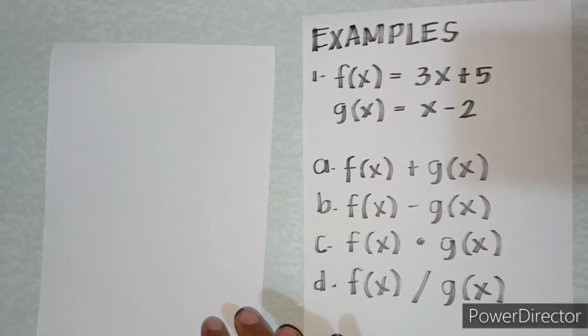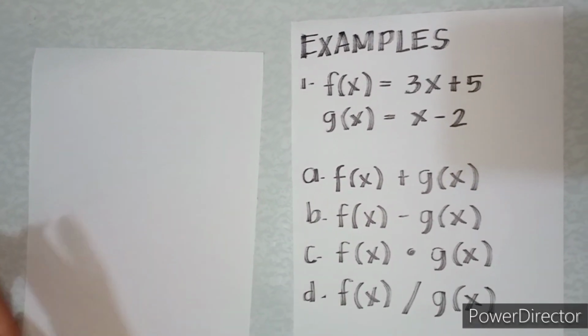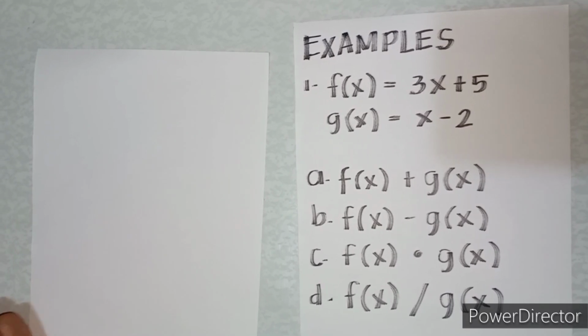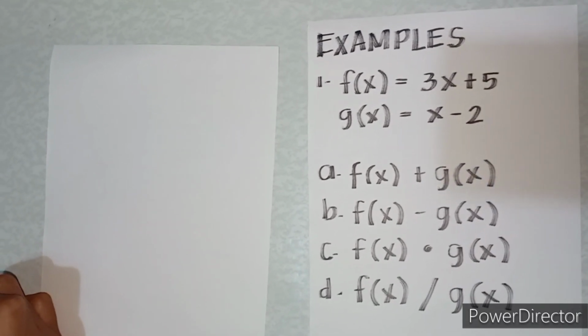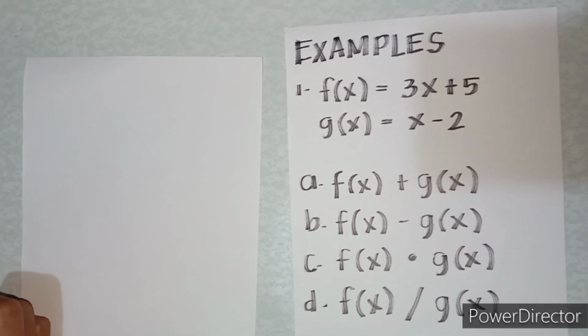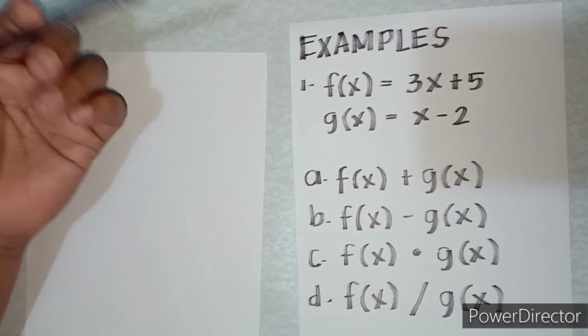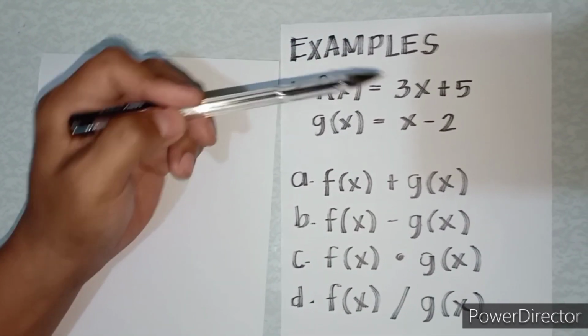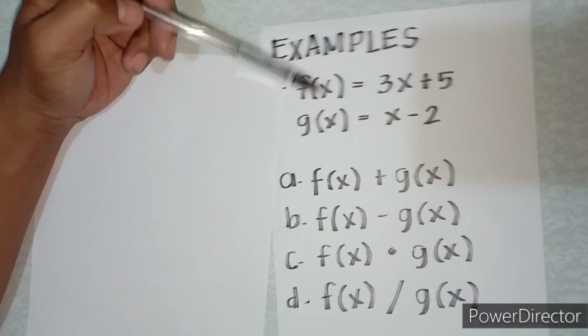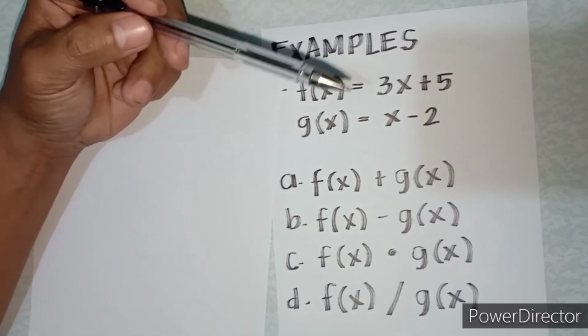Para mas maintindihan nila yan, let's move on to our computation. Para mas maintindihan ng ating mga students, let's apply the 4 operations of functions. Let's have our first example, okay? f of x is equal to 3x plus 5, and g of x is equal to x minus 2.